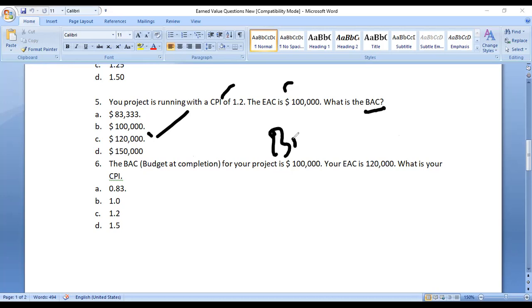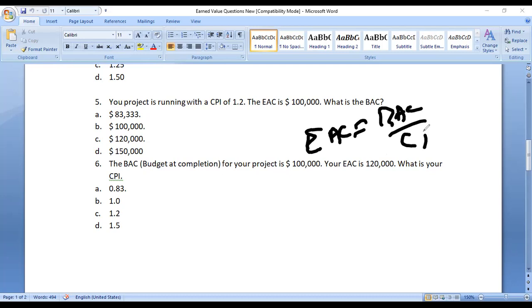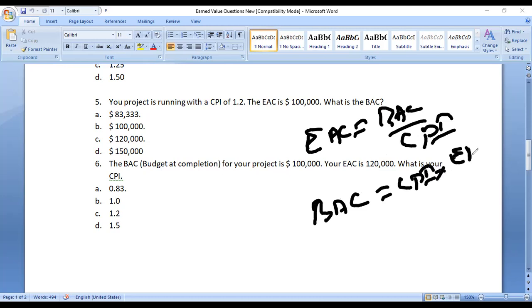The formula: EAC is BAC divided by CPI. You want to know only the BAC, so you bring the BAC to the left-hand side. CPI multiplied by EAC. So if you multiply 1.2 into 100,000, what is the value you're going to get?